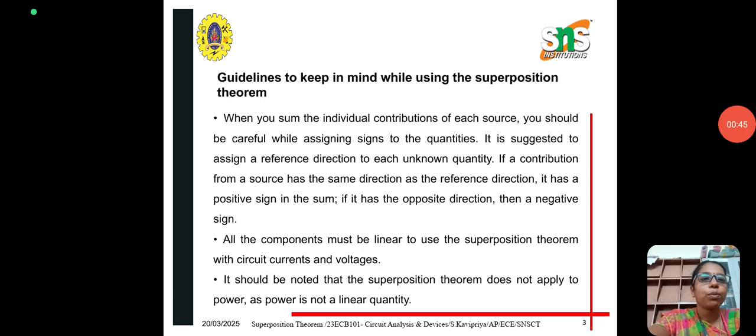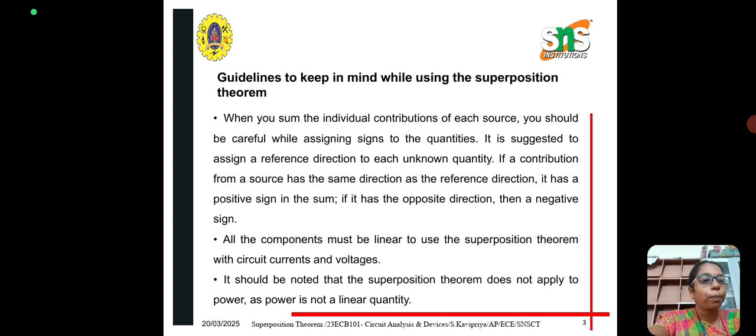Next, we are going to see what are the guidelines involved in the superposition theorem. When you sum the individual contributions of each and every source, the important thing is that we have to assign a sign to the quantities available in the circuit. So, we have to follow a reference direction. If the contribution from the source has the same direction as the reference direction, then a positive sign is assigned.